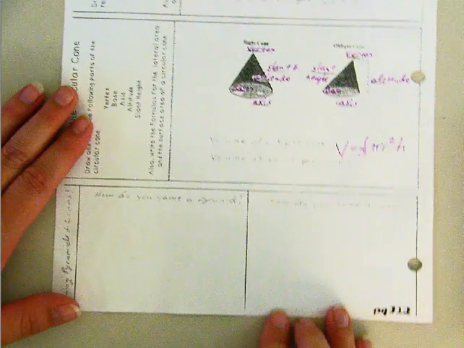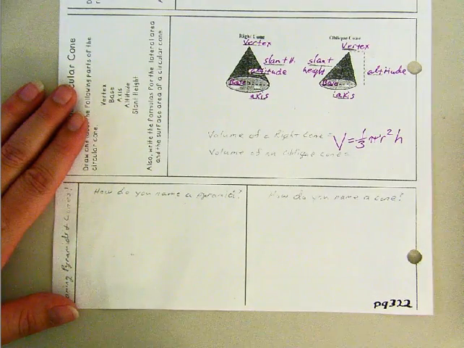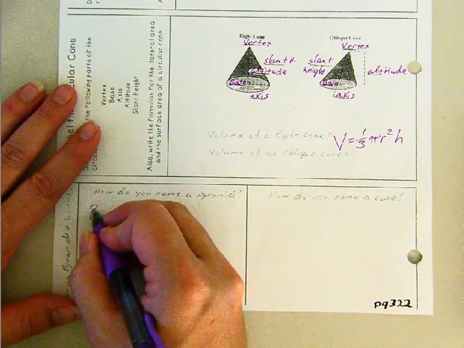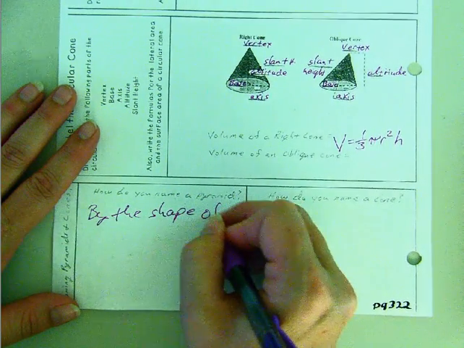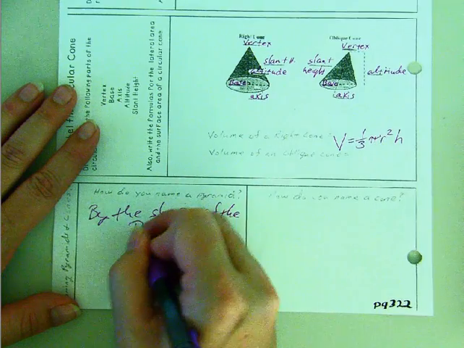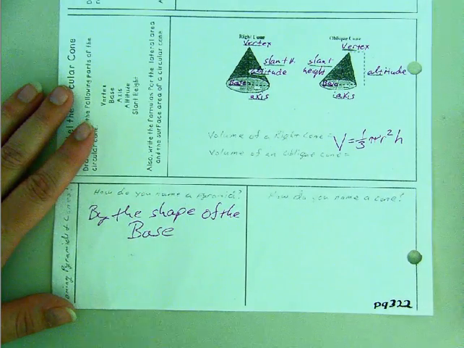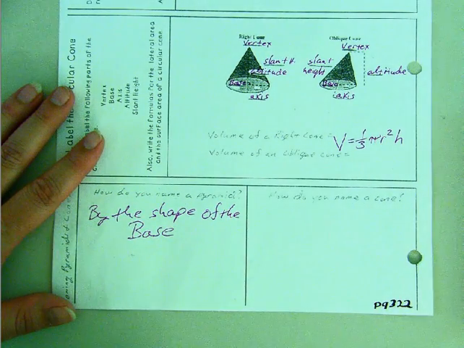Okay, so again, moving down here to this piece, how do we name our pyramids? By the shape of the base. And then how do we name our cones and pyramids?